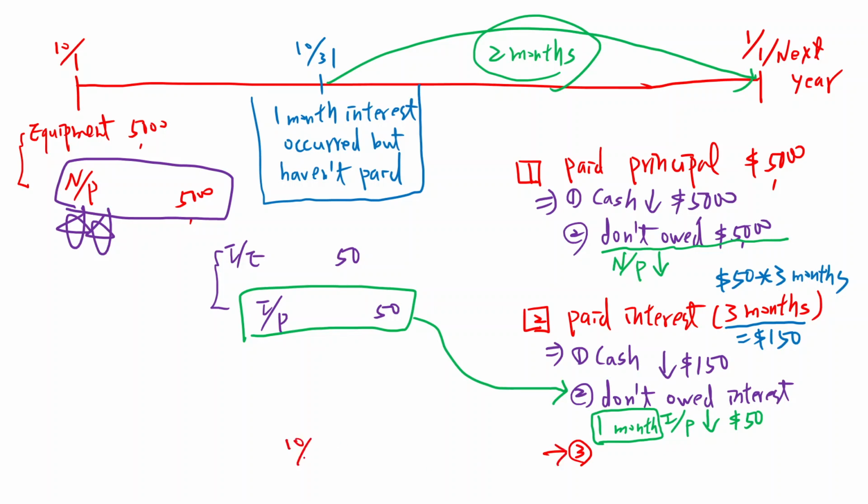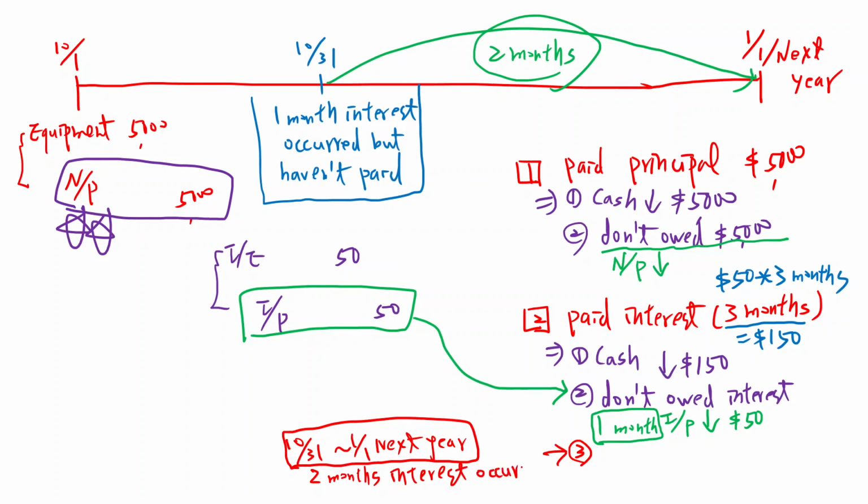From October 31st to January 1st next year. For this period, 2 months interest occurred, but haven't recorded yet.